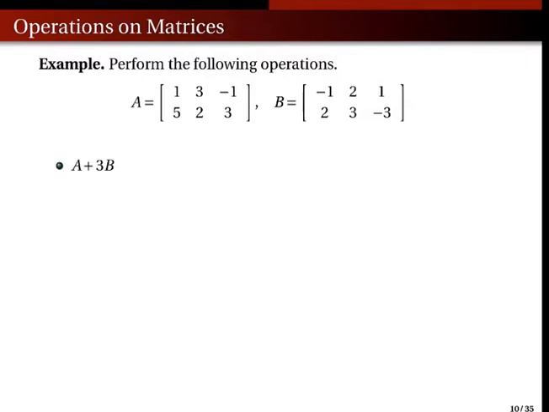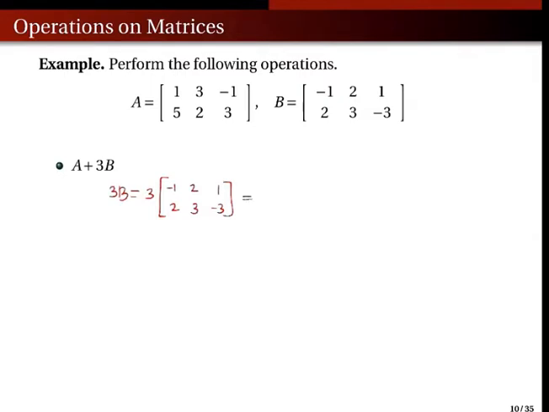So first, you have your 3b. So you have 3 times negative 1, 2, 1, 2, 3, negative 3.